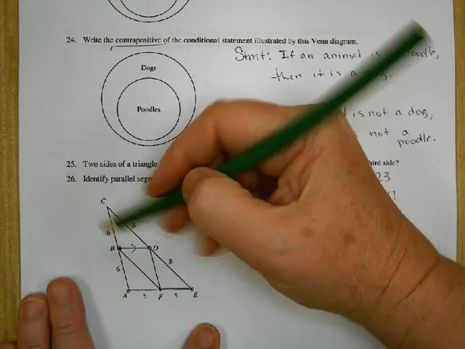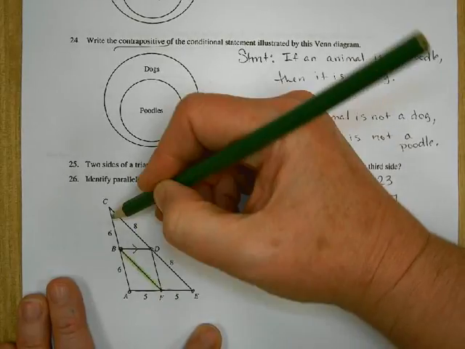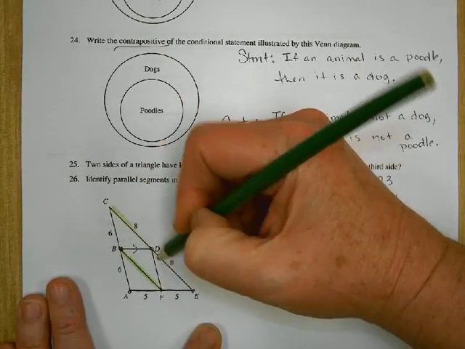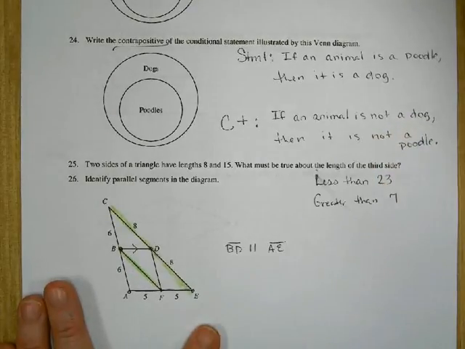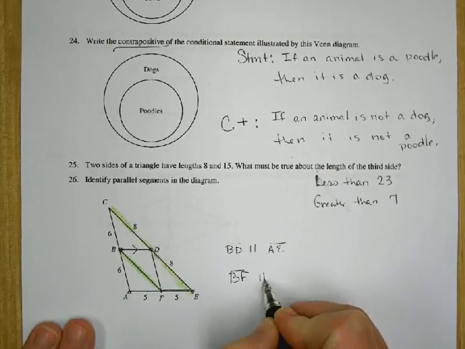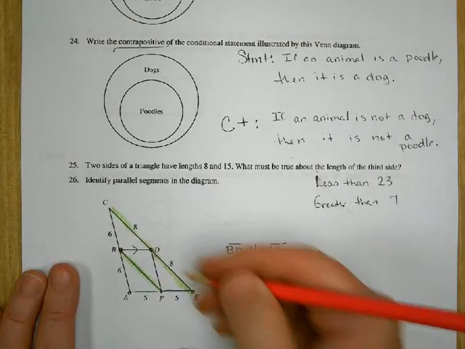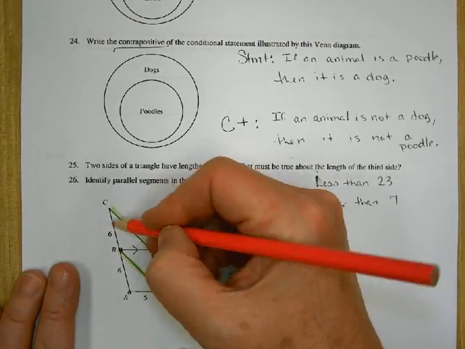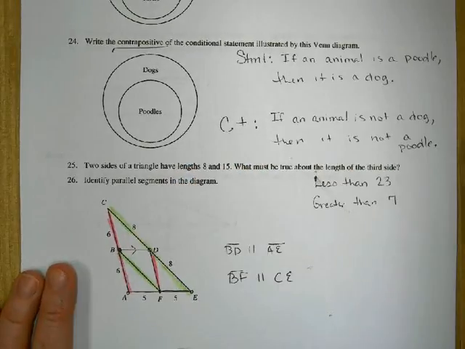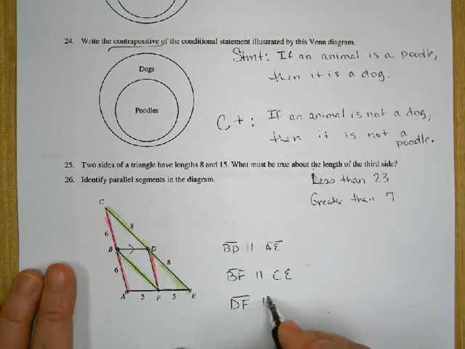This segment, BF, is parallel to CE. And the last segment, DF, is parallel to CA.